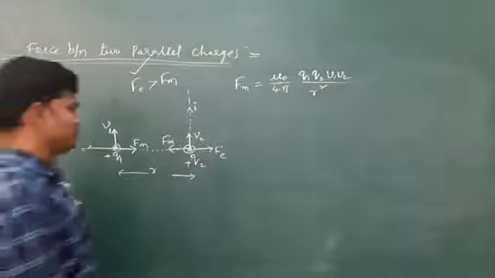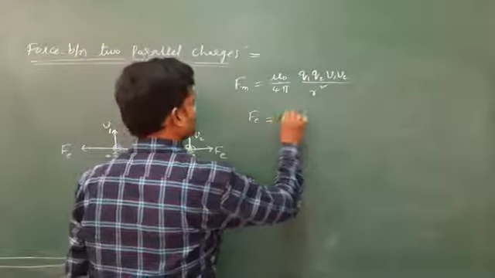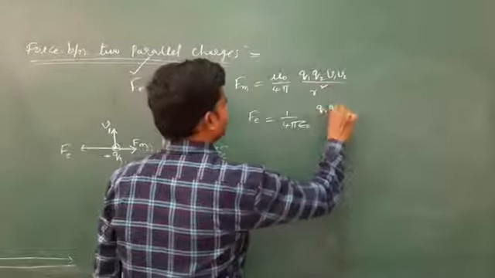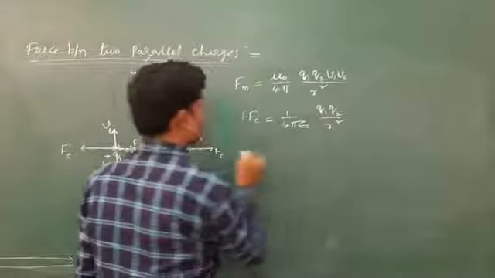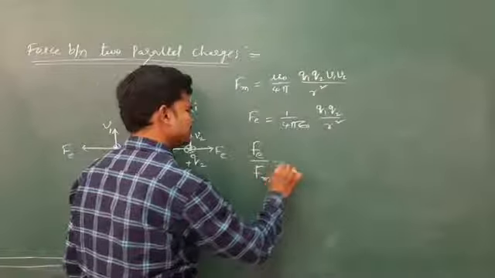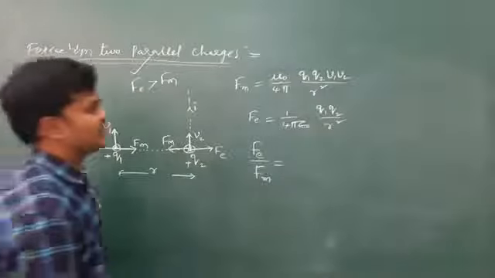Now the electrostatic force: if they are at a distance of r, the electrostatic force between them is 1 by 4 pi epsilon naught q1 q2 by r square. If they ask to find any ratio, we can get it like this. Just divide the electrostatic force by the magnetic force.